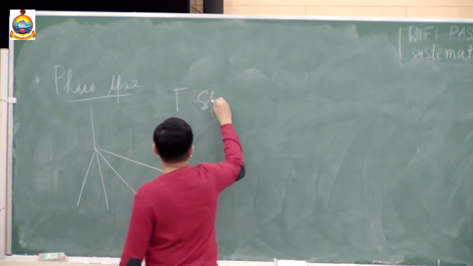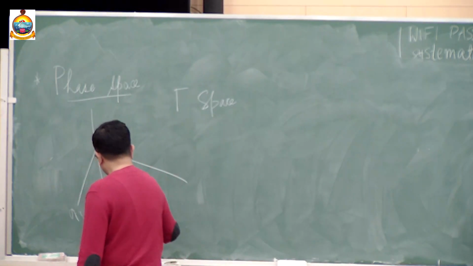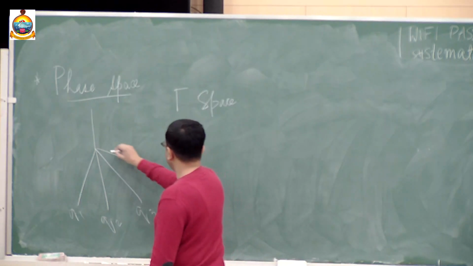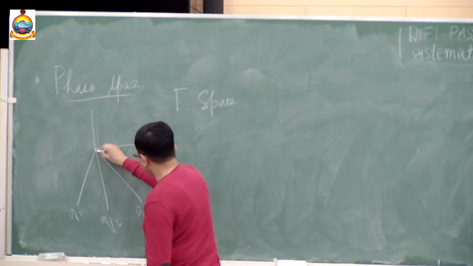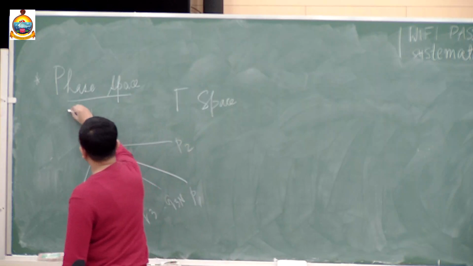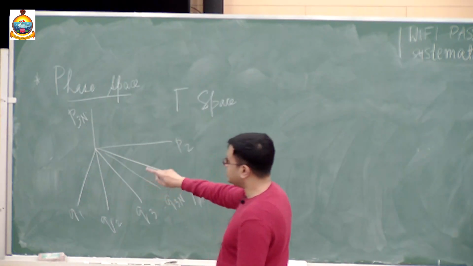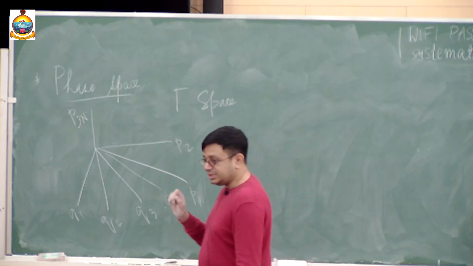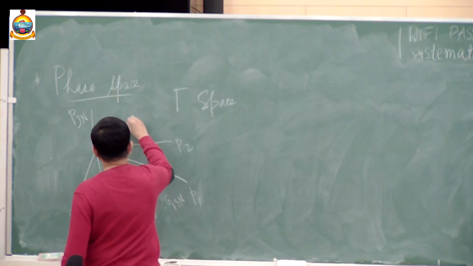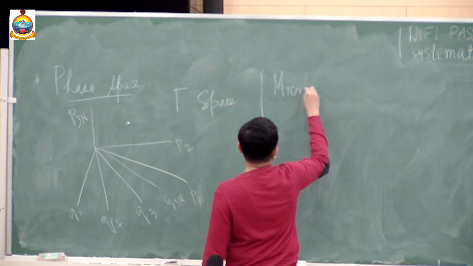This is the gamma space. The axes are Q1, Q2, Q3, up to Q3n, and P1, P2, up to P3n. Then in this 6n dimensional space, the microscopic state of the system is denoted by a single point.